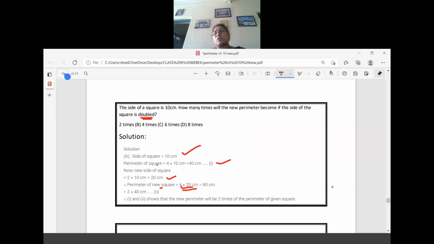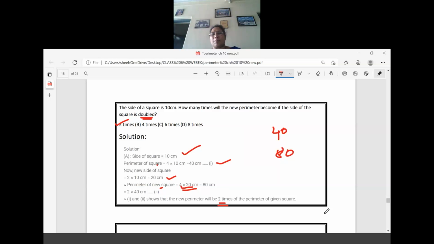Previously it was 40, now it is 80 only. So how many times is the perimeter increased? The perimeter of the square is also increased 2 times only. So the option is the first one, that is 2 times, right? Previously the square had a side of 10 centimeter, then its length is doubled, so it will be equal to 20 centimeter. So in the first case it is 40 centimeter, in the second case it became 80 centimeter.